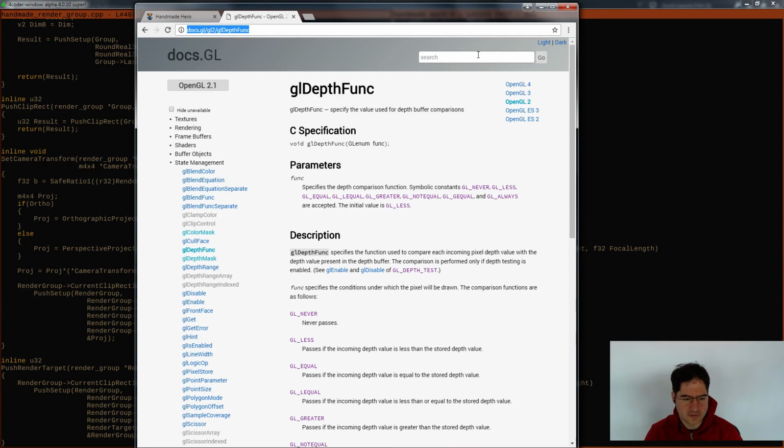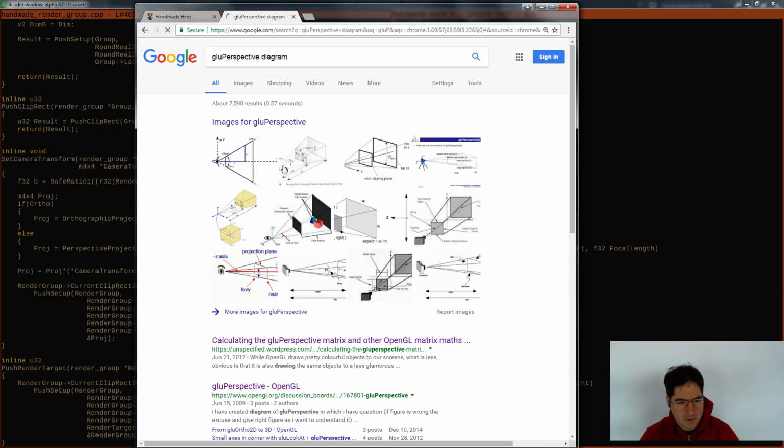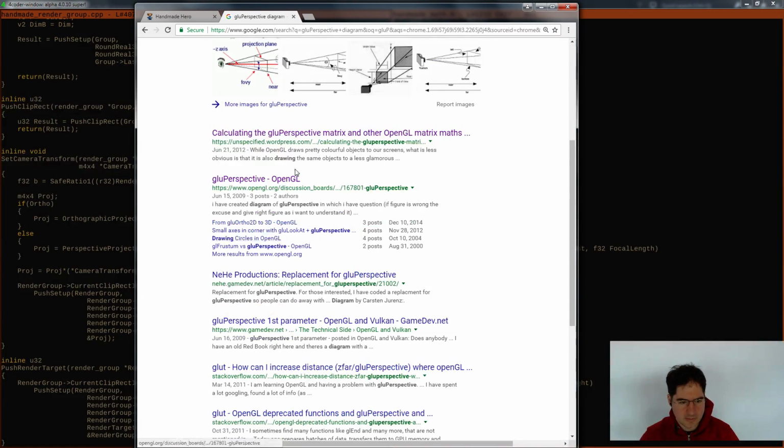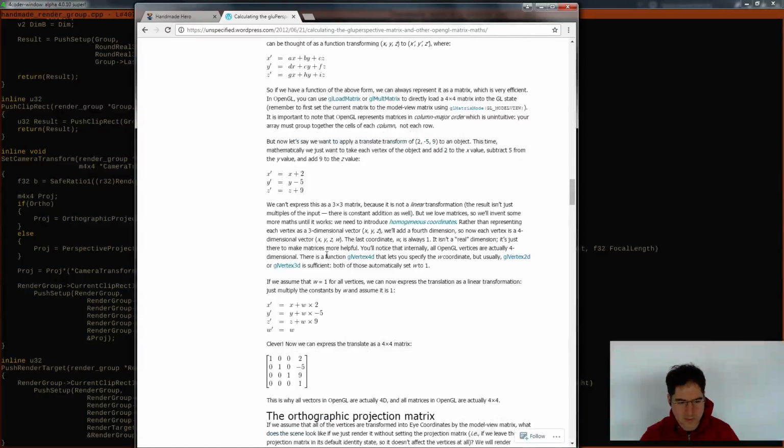I kind of want the OpenGL spec here. It's too bad docs.gl doesn't have gluPerspective. I can't remember. I tried to grab a good one of these, but I don't remember which page had a good one.